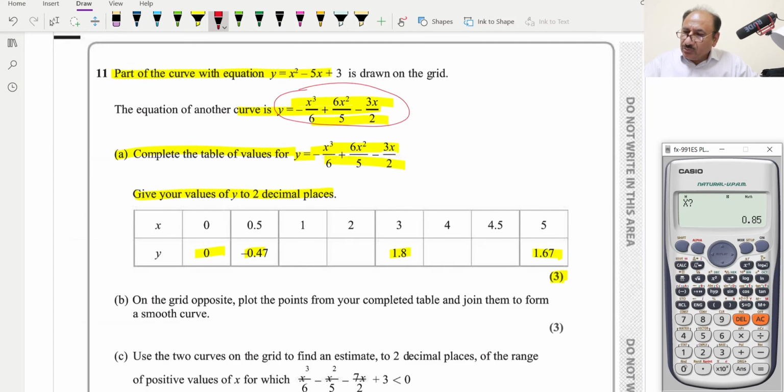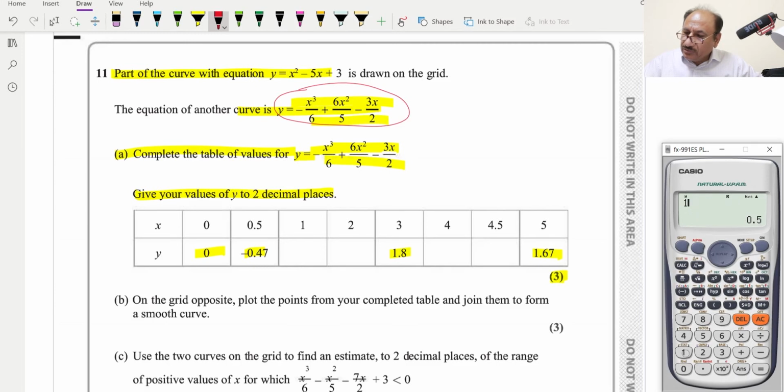Calculate for x is equal to 0, and we will get 0, which is already provided. Then calculate for 0.5. Again I'll press calculate, and this is equal to minus 0.47, which is already provided. Now we can calculate for 1.